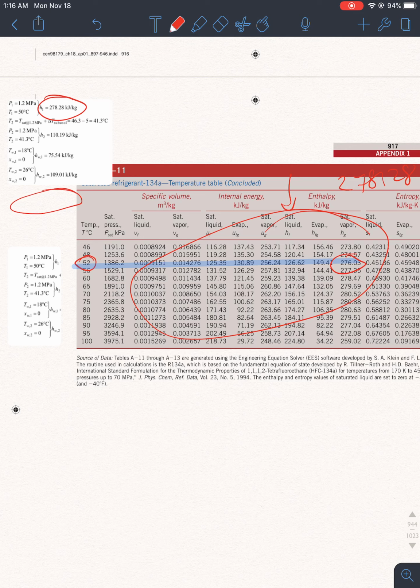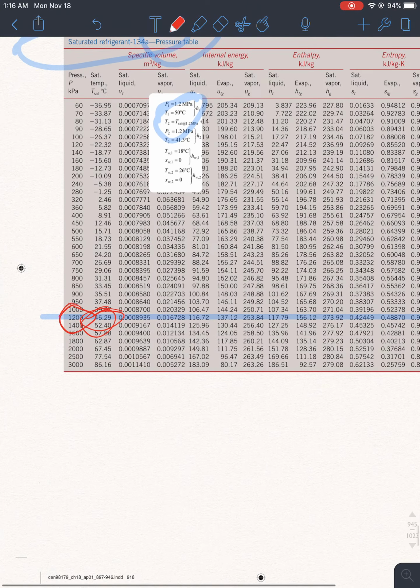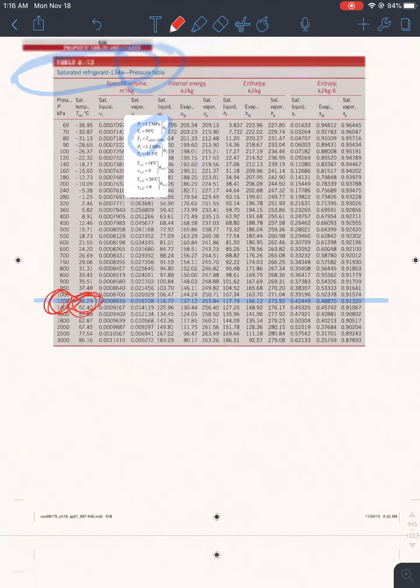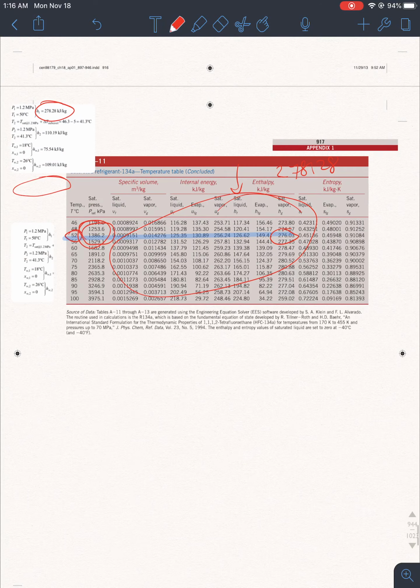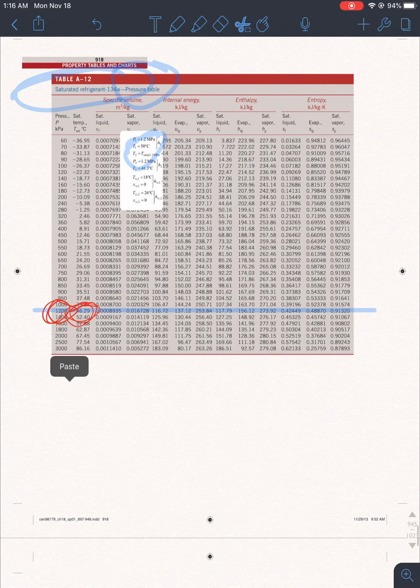Somehow the enthalpy at 1.2 megapascals, 50 degrees, 1.2 megapascals. If you look over here, it looks like I have something wrong. Here's 1.2 megapascals. Ah, right. Okay, so here's the saturation temperature. Let's bring that over here.